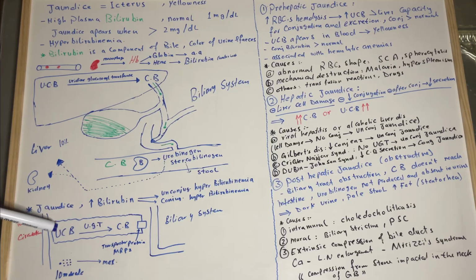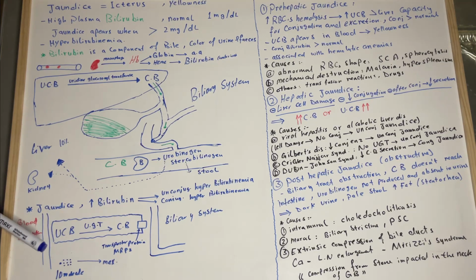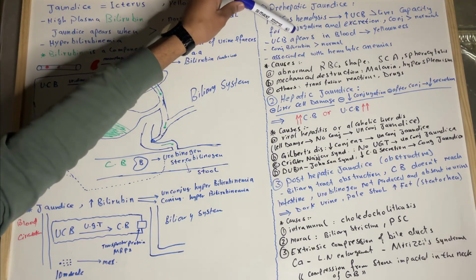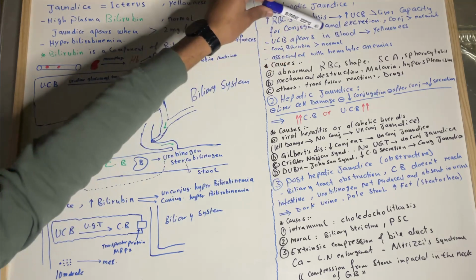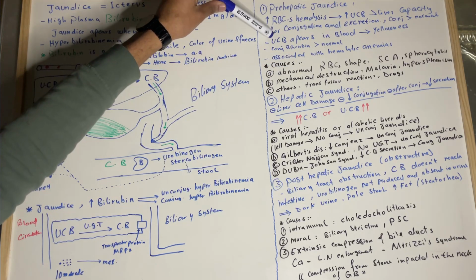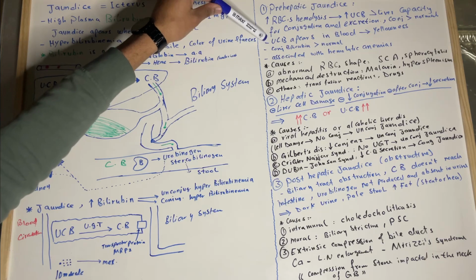So if we have a high amount of unconjugated bilirubin due to increased RBC hemolysis, which exceeds the capacity of the liver, the unconjugated bilirubin level increases. So unconjugated bilirubin appears in blood, leading to jaundice.